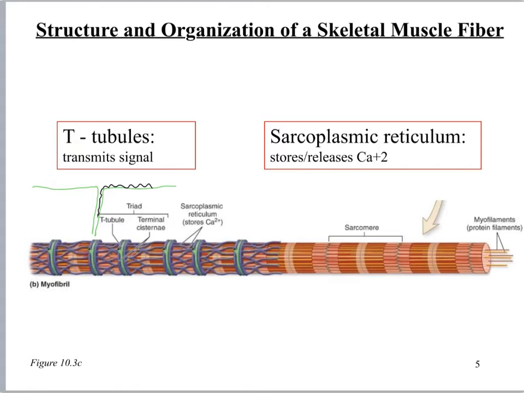That depolarization is going to go down here and then travel around the ring of the T-tubule. As it does that, it's going to open voltage gates for calcium that are in the sarcoplasmic reticulum.